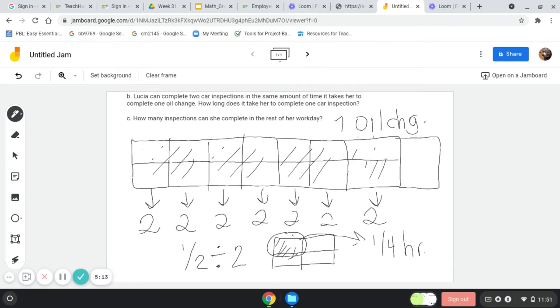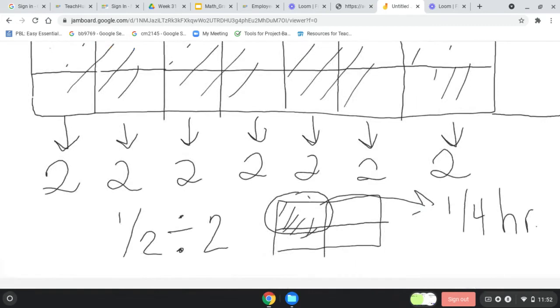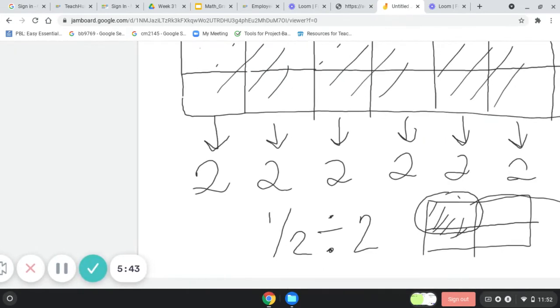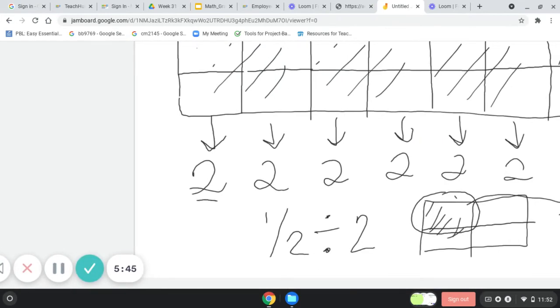Now, what does a quarter hour look like in regards to time, right? If I told you you have a quarter hour to finish your work, what does that mean? So let's think about a clock.